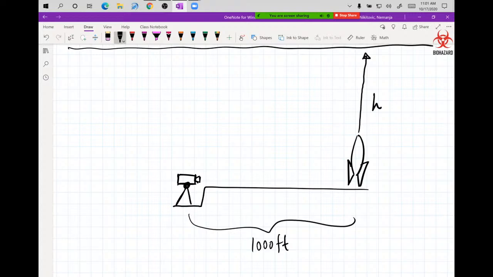And now the camera is recording straight. Now there is a lens to that camera, right? So it's always using the shot, but we are not going to worry about these two lines. We're just worrying about this one line. And then as the rocket goes up, the camera is supposed to rotate with angular velocity omega.